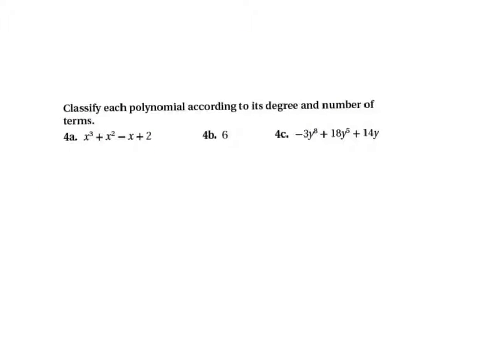So in our first example, 4a, we have a degree of 3, which is cubic, and then we have 4 terms, so polynomial.